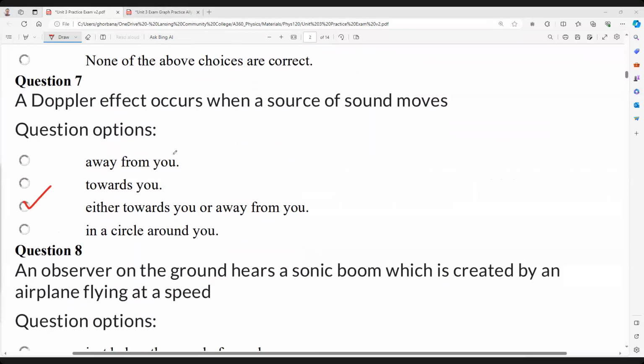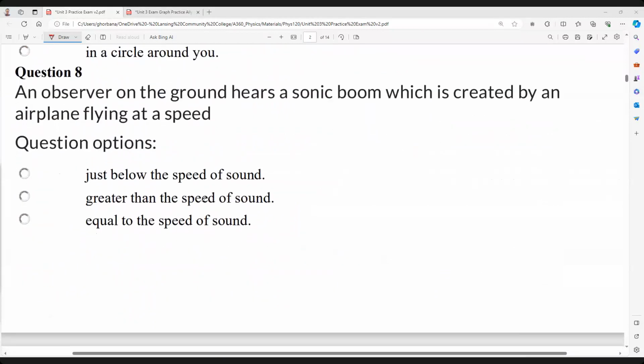Question number 8, an observer on the ground hears a sonic boom which is created by an airplane flying at the speed of, we already know this, okay, so when the speed is greater than the speed of sound, we will have a sonic boom. Yep. So yeah, greater than the speed of sound.